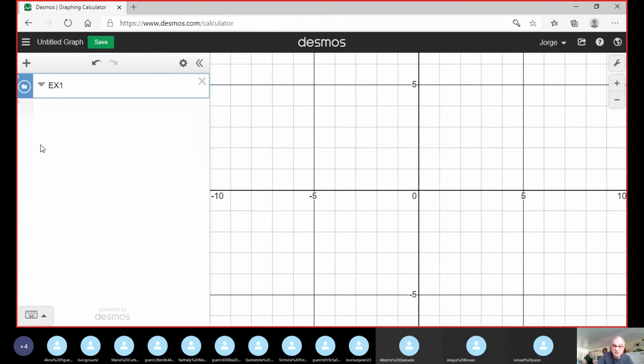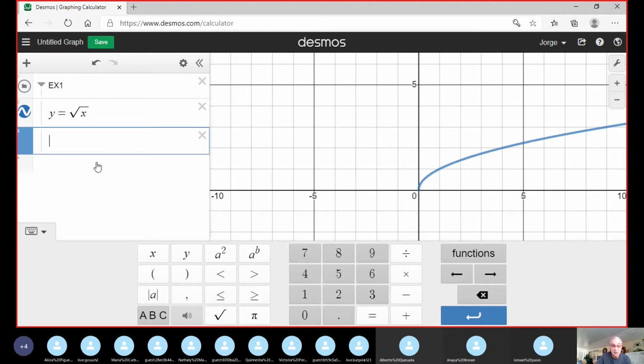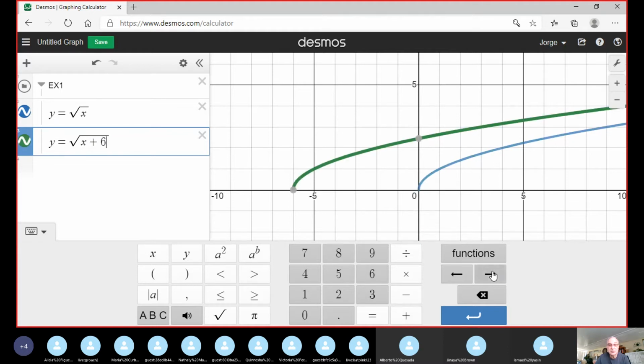I want to copy the original. The original is y equals square root of x. And the other line, the new one, is y equals square root of x plus 6 inside the square root, and outside minus 5.